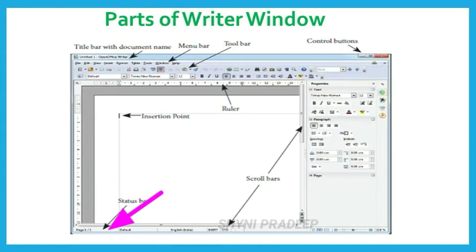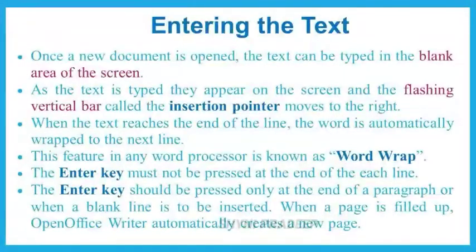Next topic is entering the text. Once a new document is opened, the text can be typed in the blank area of the screen, which means workspace. As the text is typed, it appears on the screen and the flashing vertical bar called the insertion pointer moves to the right. When the text reaches the end of the line, the word is automatically wrapped to the next line.